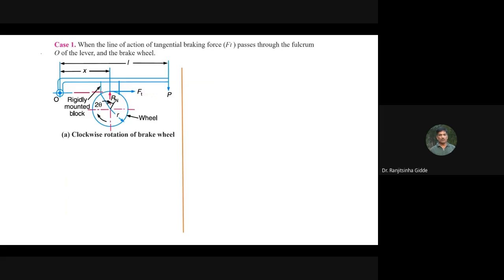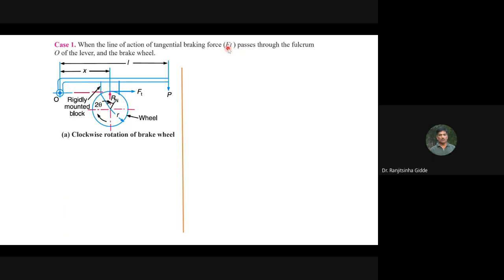Then case 1, that is, when the line of action of the tangential force Ft passes through the fulcrum.